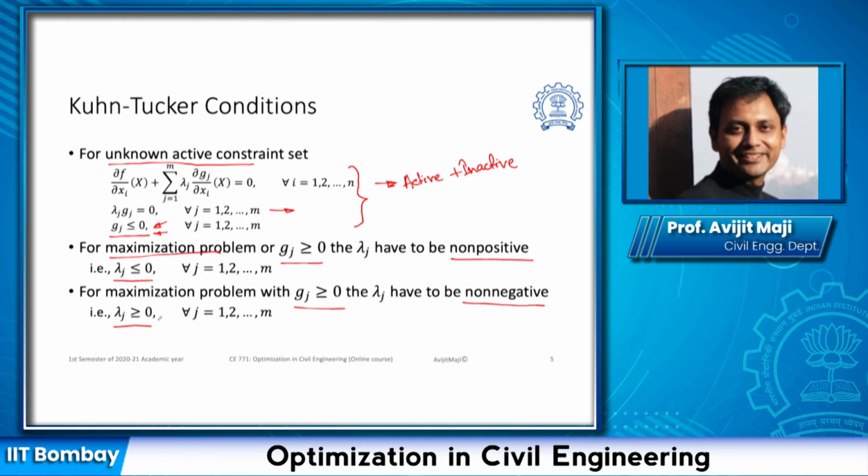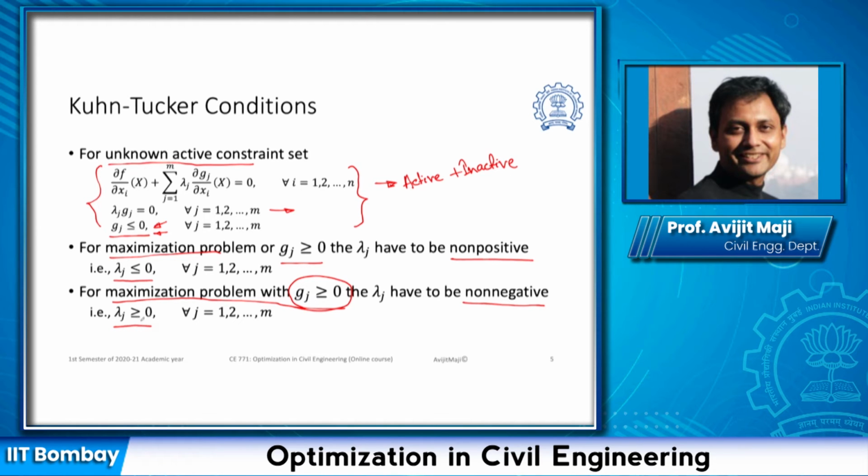So in case of a minimization problem with this standard format, or in case of a maximization problem with a change in my constraint, my lambda values are expected to be non-negative, which is lambda j is expected to be greater than or equal to 0.